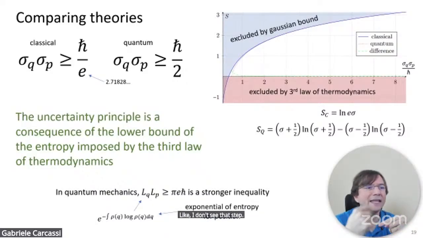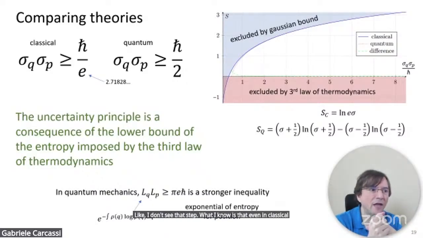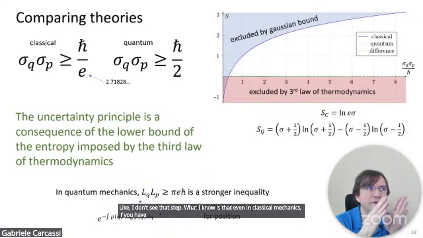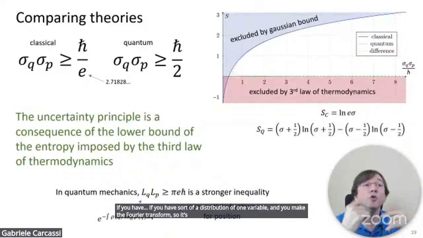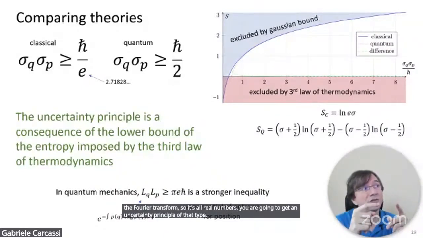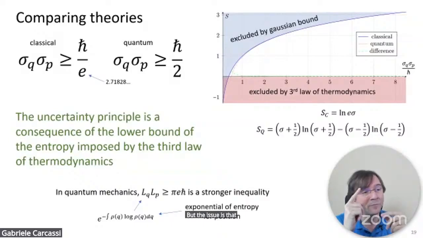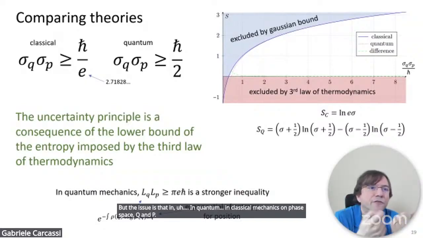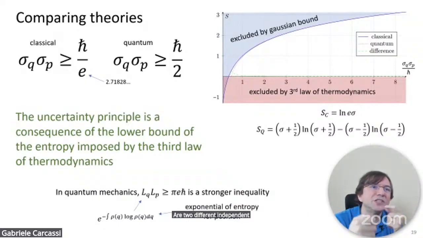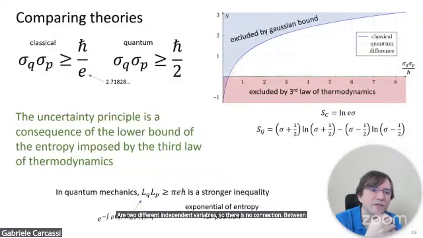What I know is that even in classical mechanics, if you have a distribution of one variable and you take the Fourier transform, so it's all real numbers, you are going to get an uncertainty principle of that type. But the issue is that in classical mechanics on phase space, Q and P are two different independent variables. So there is no connection between one being the Fourier transform of the other.